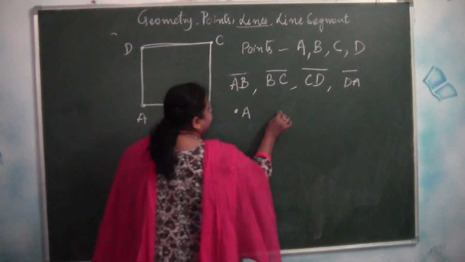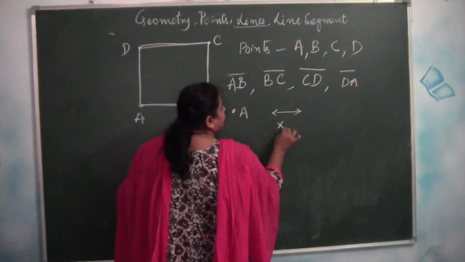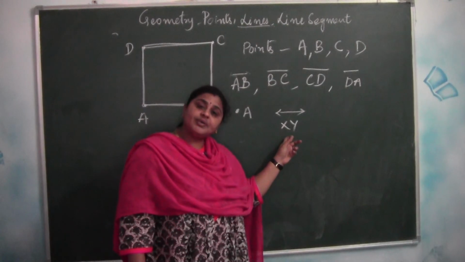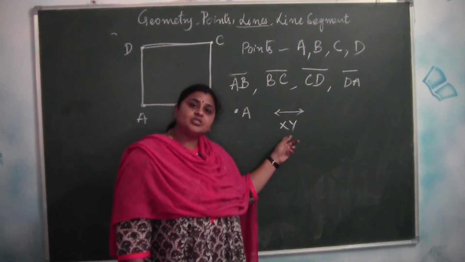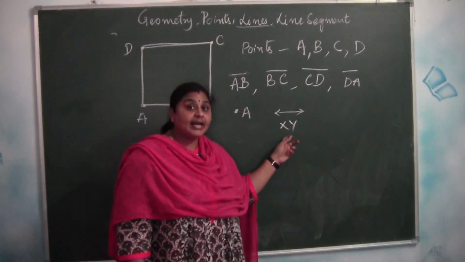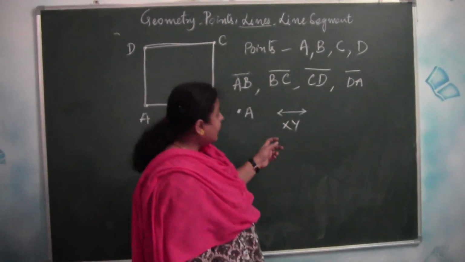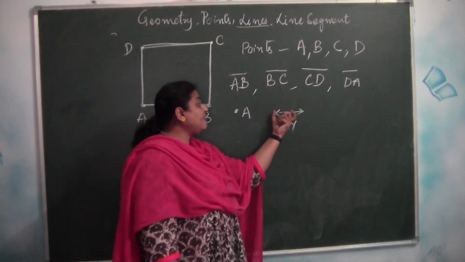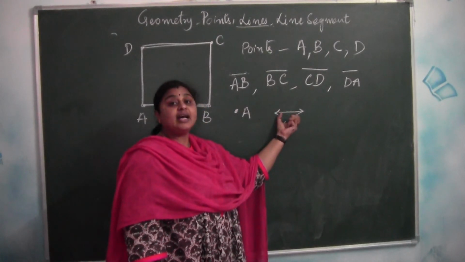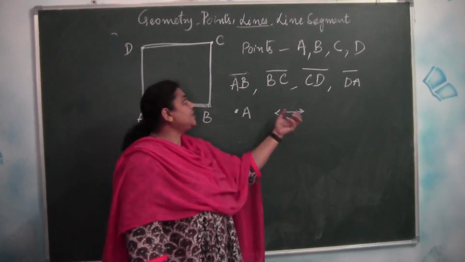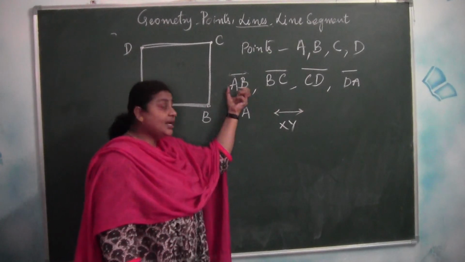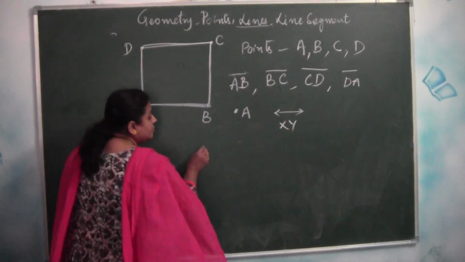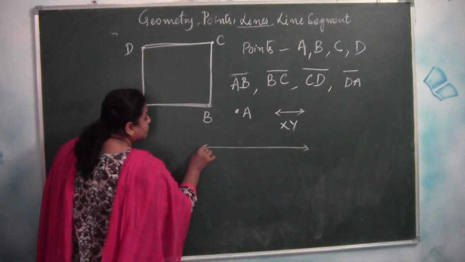Now if I write XY, is this a line XY or a line segment XY? It is a line XY because I have two arrow marks over there. If I have two arrow marks, it means it is a line. So this is line segment AB, line XY. A line has two arrow marks.